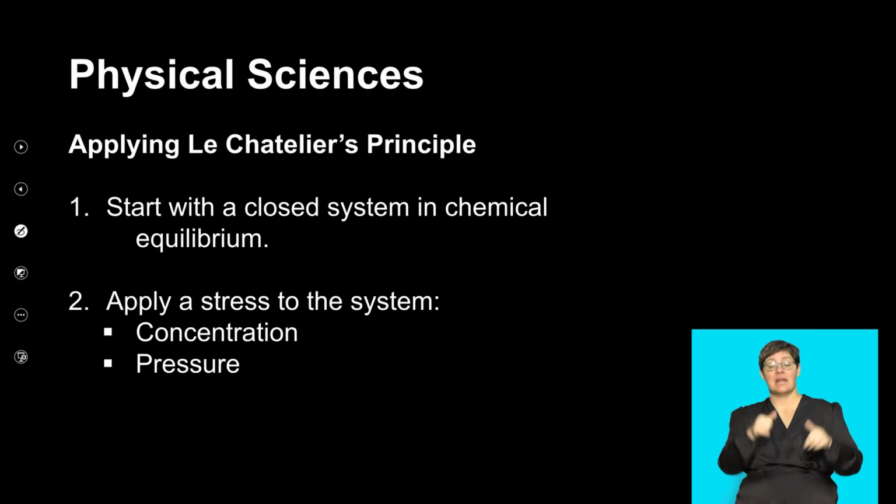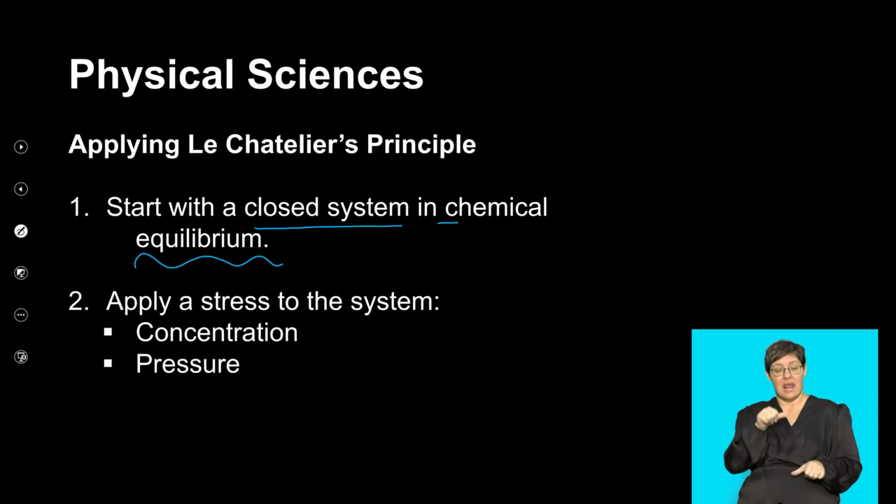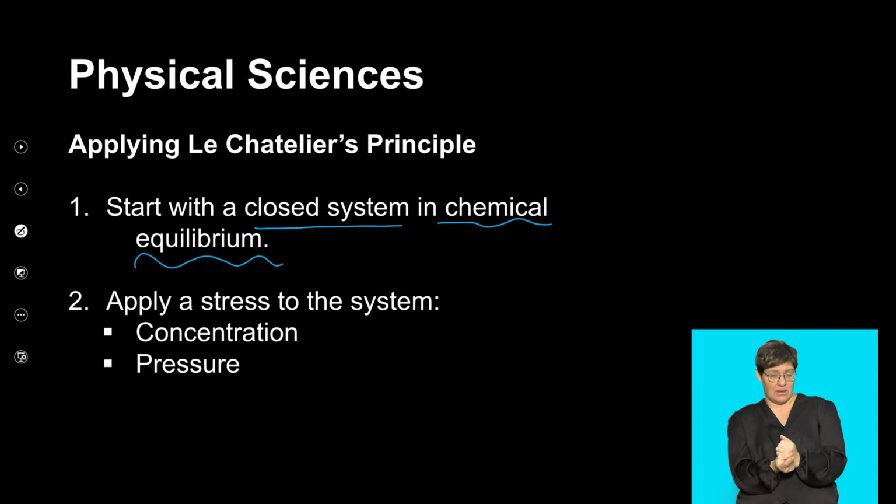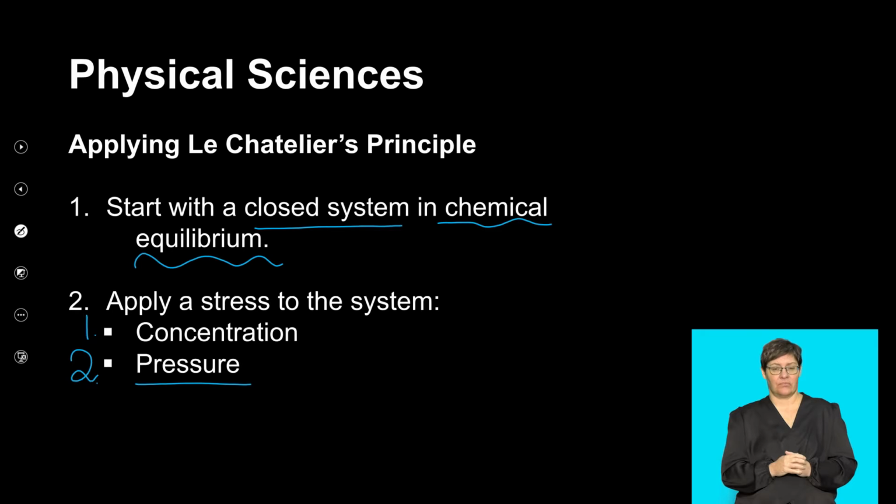The next one that we will look at is what will happen if we start in a closed system and the system is in chemical equilibrium, and we apply a stress to the system, but this time we apply pressure. We spoke about pressure earlier when we spoke about the rates of reaction.